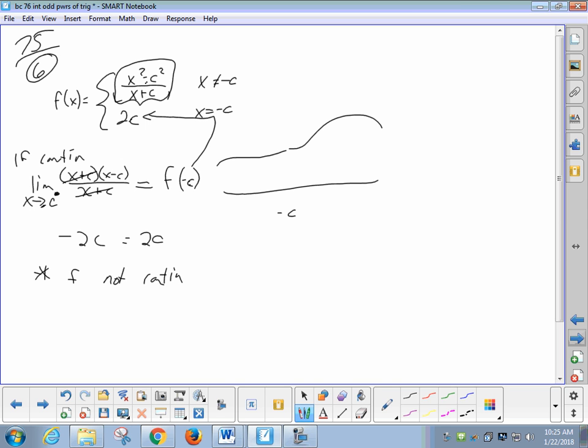Actually, the question is, where is it continuous? So I guess it's continuous at all except negative c. Or, yeah, negative c. So I'm assuming c is not 0.